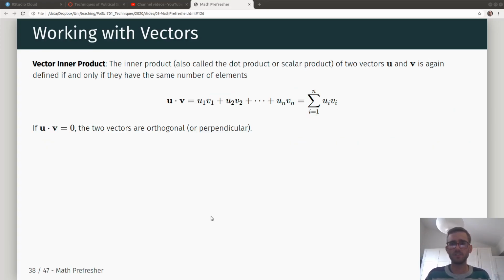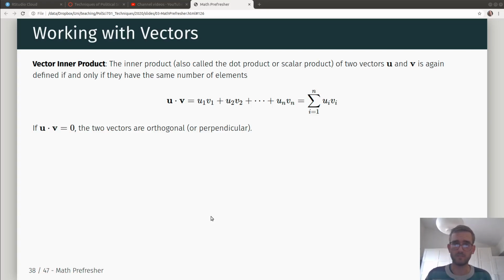An additional concept that we might encounter is the vector inner product. The vector inner product, or sometimes also called the dot product or scalar product of two vectors u and v, is defined, again, if and only if both vectors have the same number of elements.